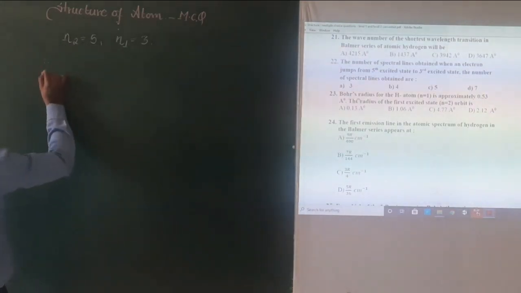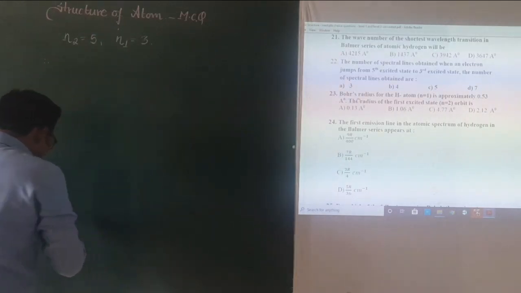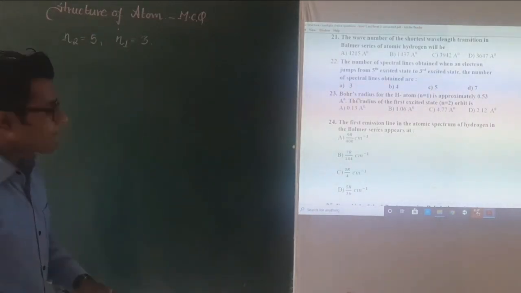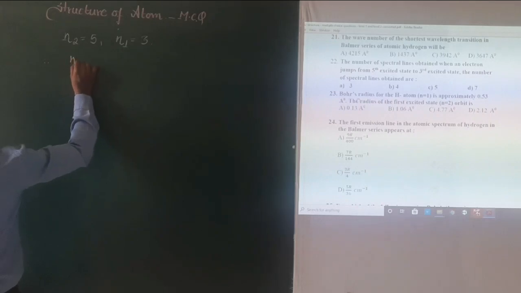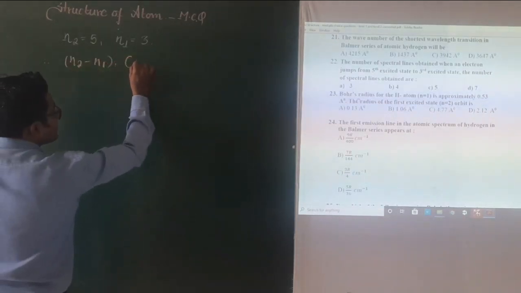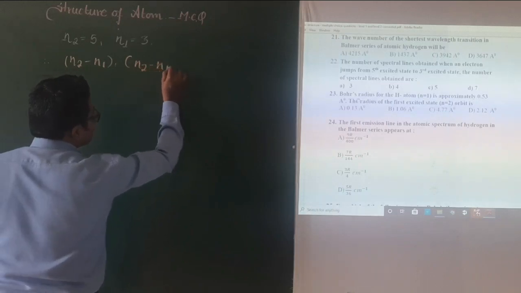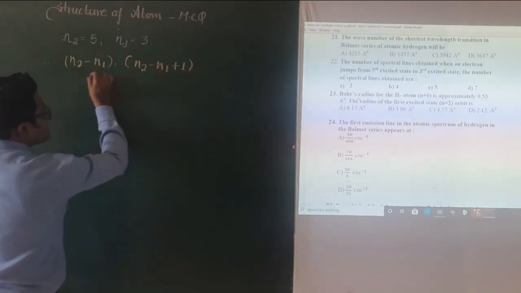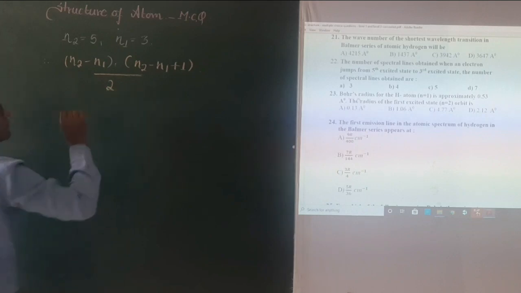So when we solve this, you should keep in mind one formula. The formula is (N2 minus N1) into (N2 minus N1 plus 1), the whole thing divided by 2.